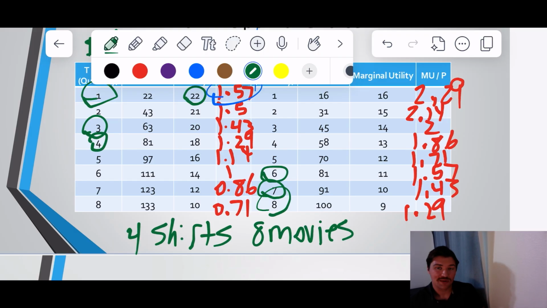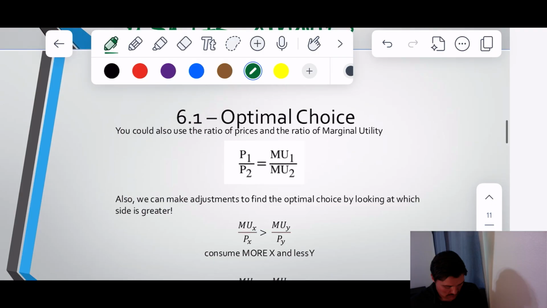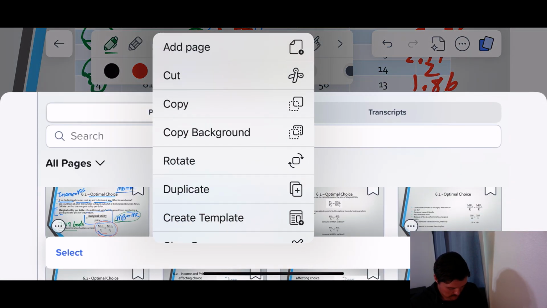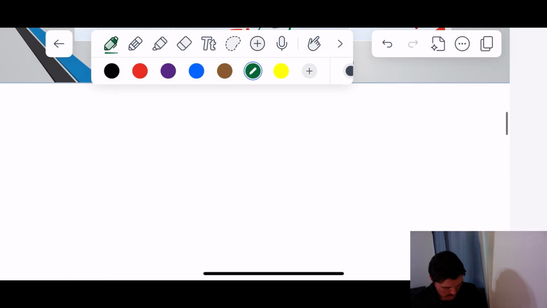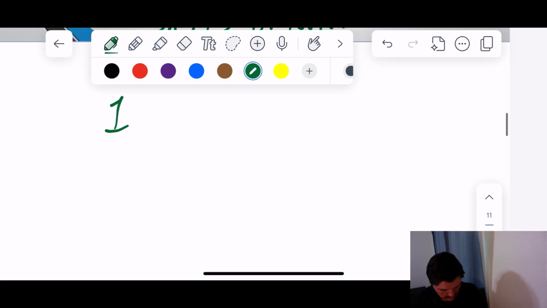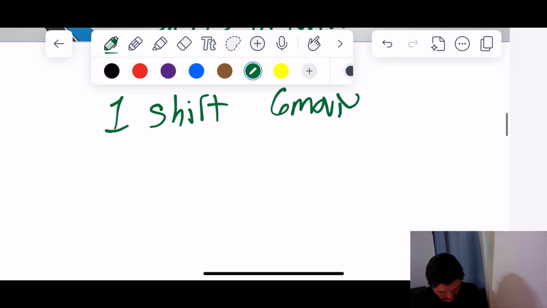But we only have $56. So since we only have $56, we have to look at how much each of these bundles cost. So let's go and do that. Okay, so the first bundle we have is 1 shirt and 6 movies. If we were to look at the cost of this, that is $14.